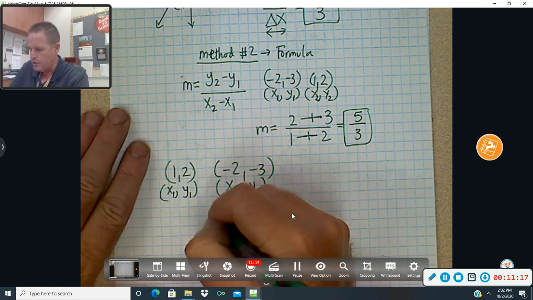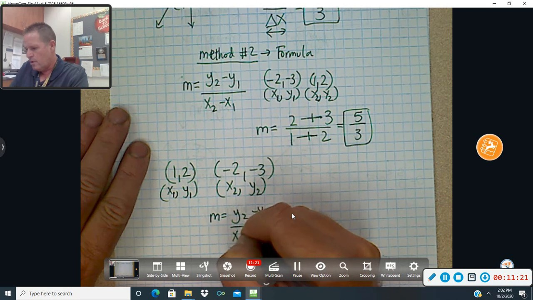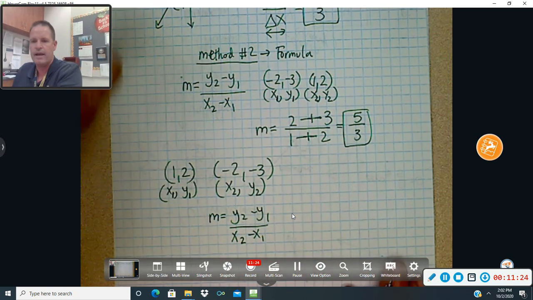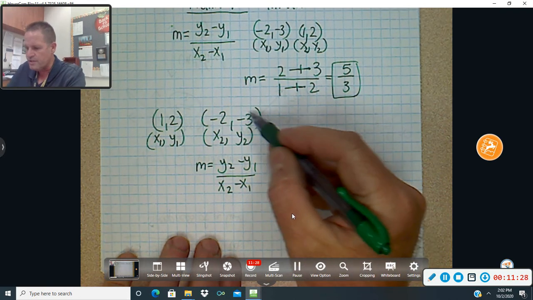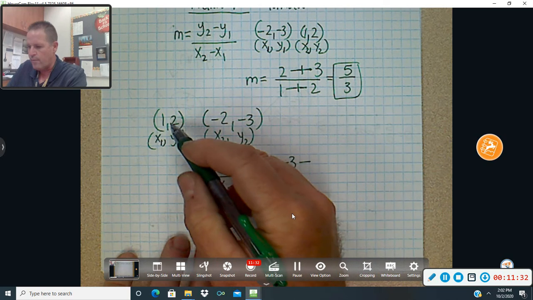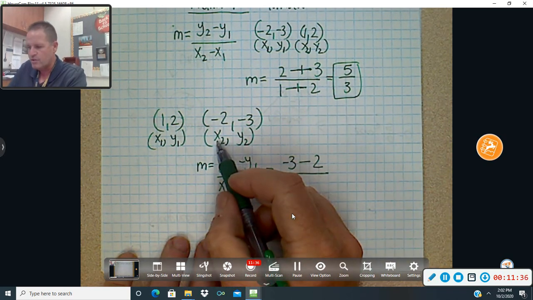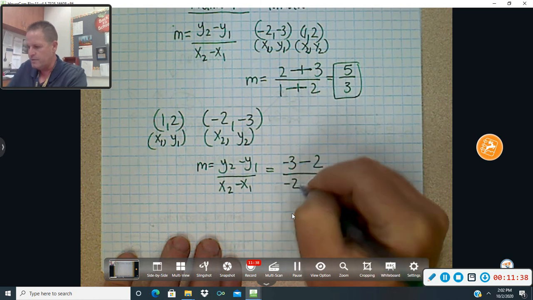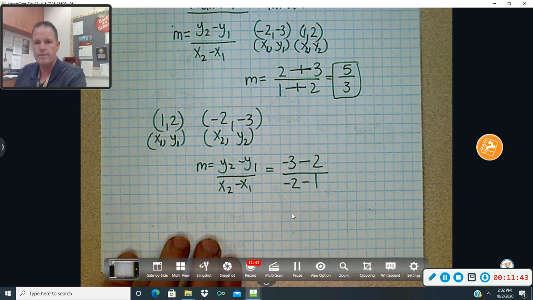Okay, now again, I'm going to use my formula, y2 minus y1 over x2 minus x1. Now my y2 this time is negative 3. Subtract y1, which is 2. Put it over x2, which is negative 2. Subtract x1, which is 1.